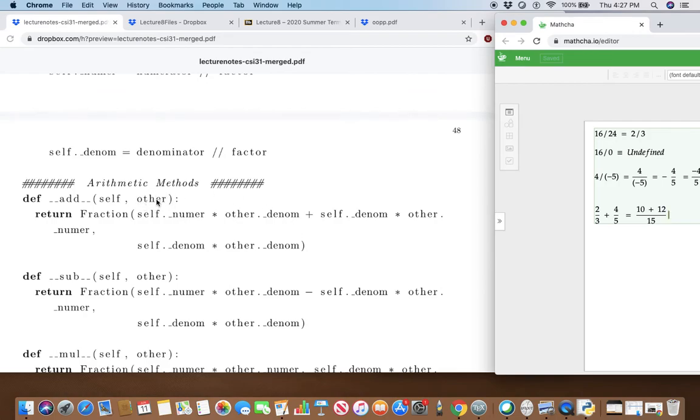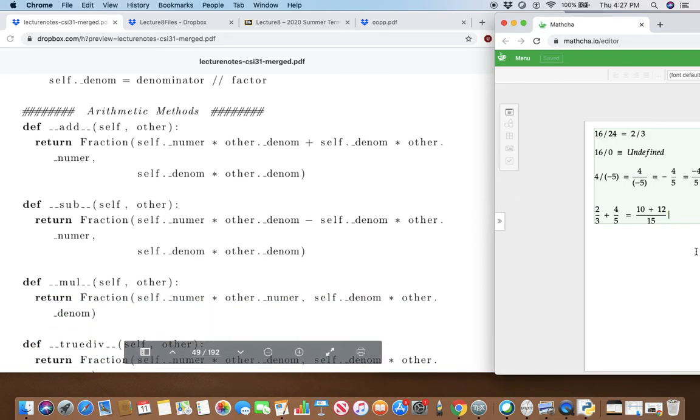Notice other is a fraction object, so other has its denominator and numerator. My answer is going to be a fraction object. This is probably the first time we are seeing a return of an object from the same class, so you're using the same constructor, Fraction.